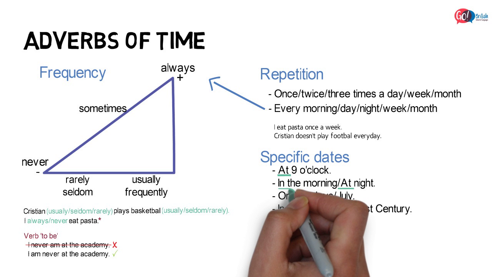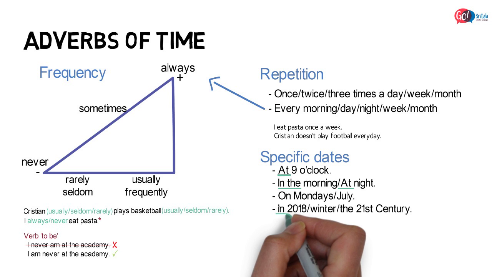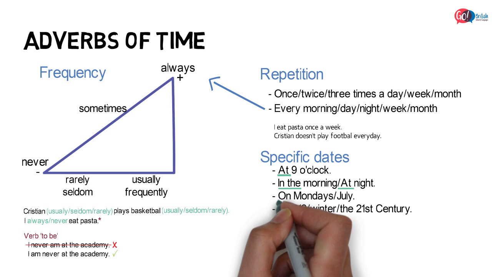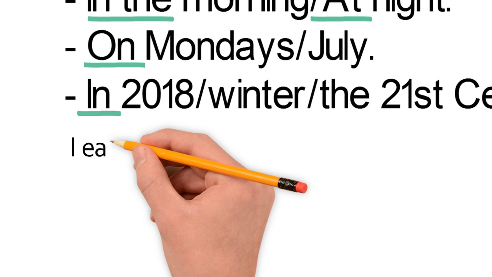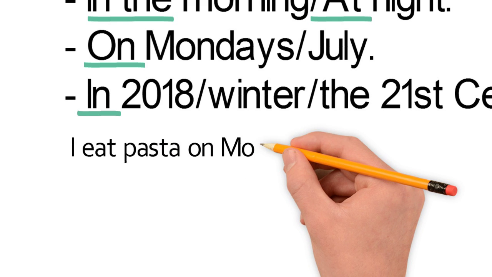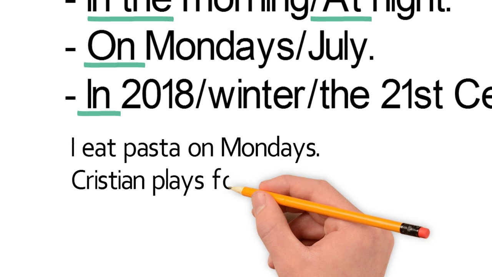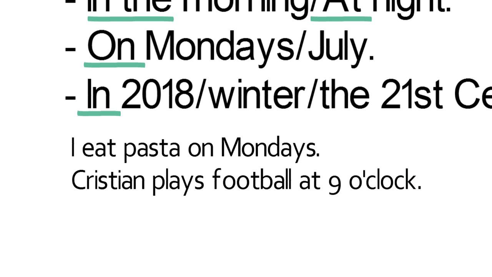In the is for the other moments of the day, and finally for years and seasons, and on for days of the week and month, okay? And the natural position again is at the end of the sentence. For example, I eat pasta on Mondays, or Christian plays football at 9 o'clock, okay?